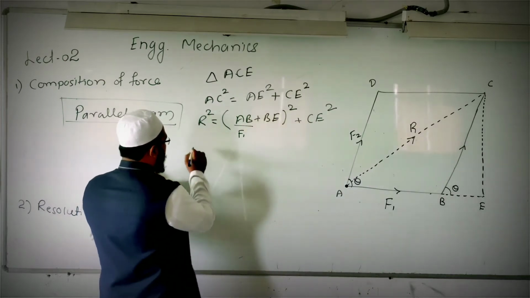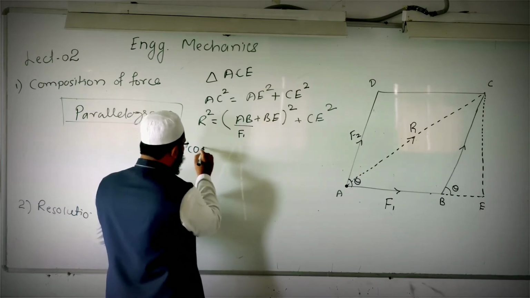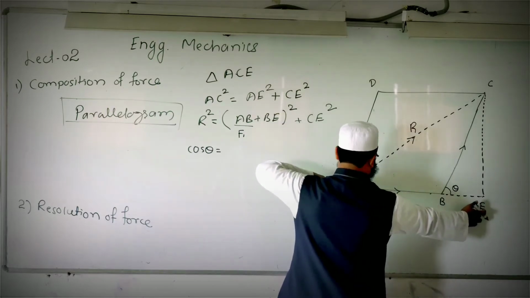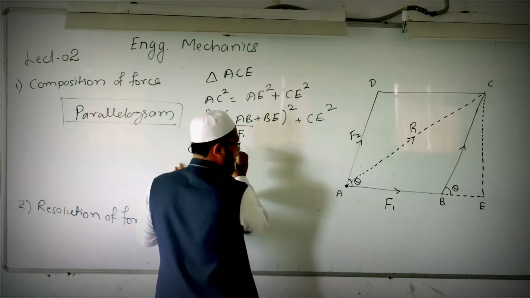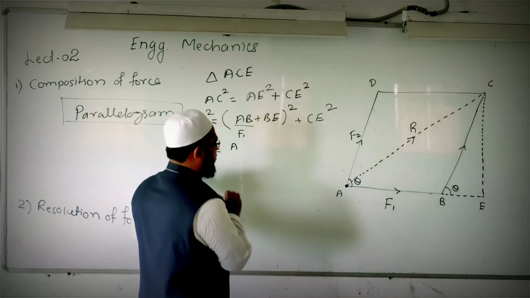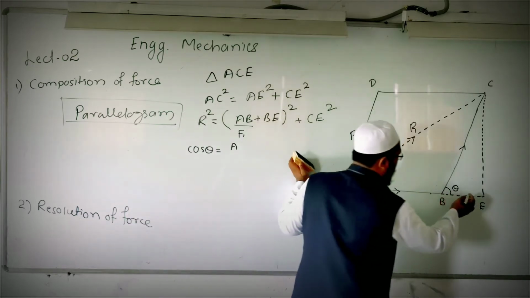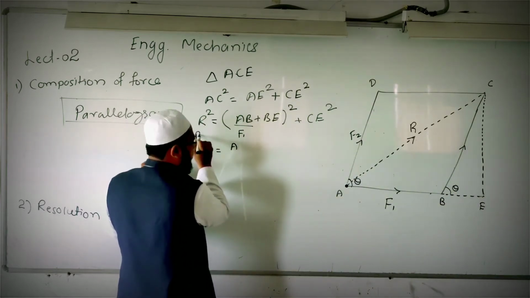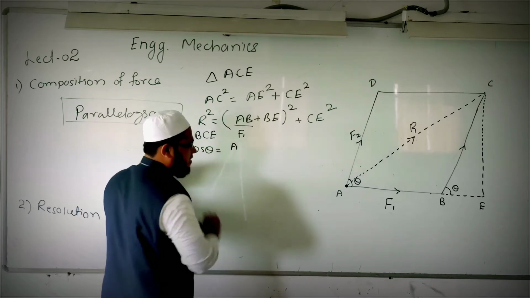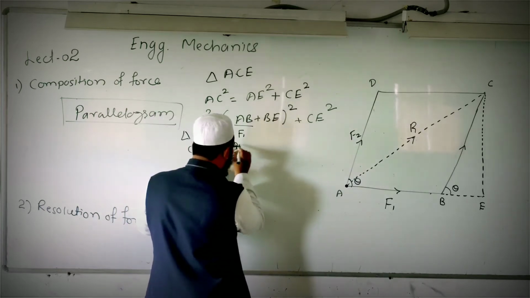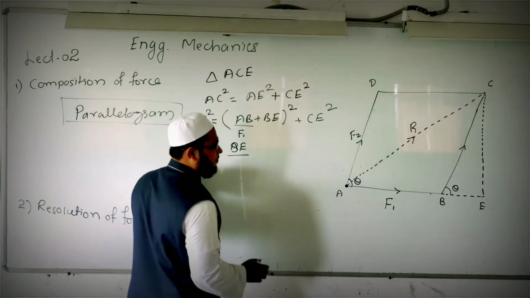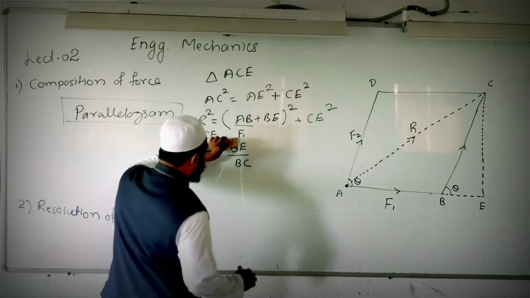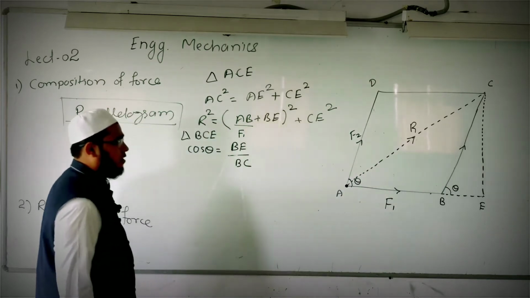So listen here. In triangle BCE, cos theta equals BE divided by BC.